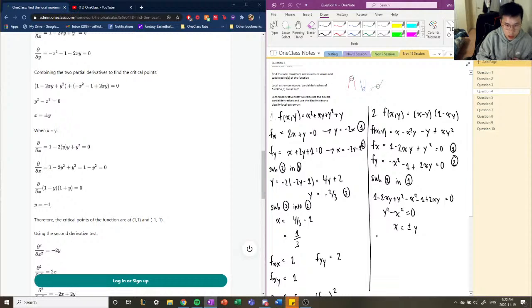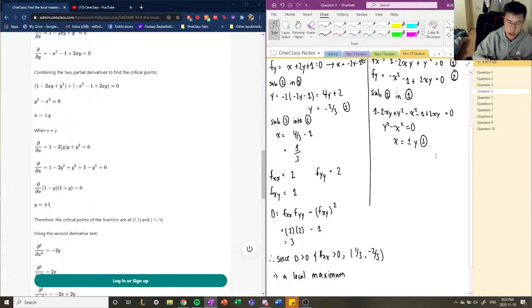Let's label this to be 3. Also, let me scroll down a bit here. So sub 3 into 1, I guess. So when we sub 3 into 1, we get this equation.